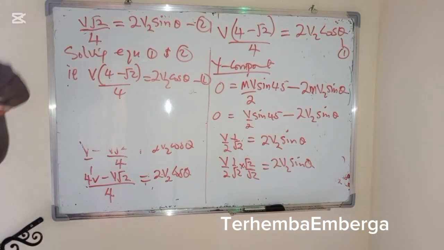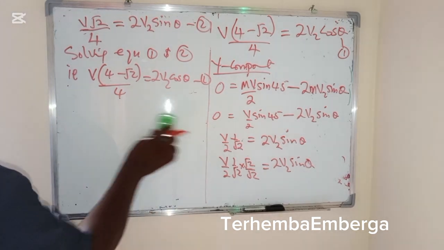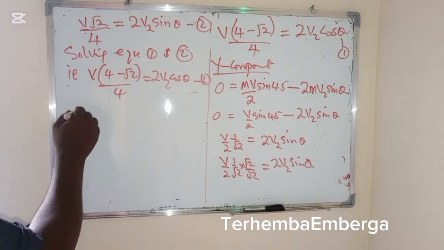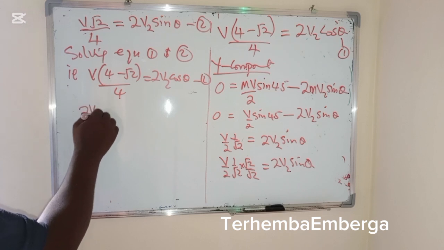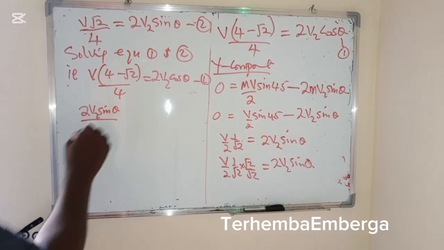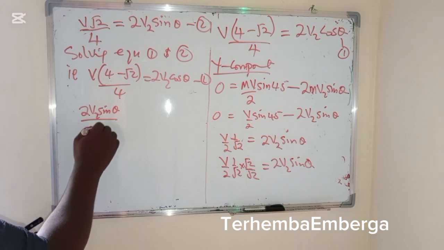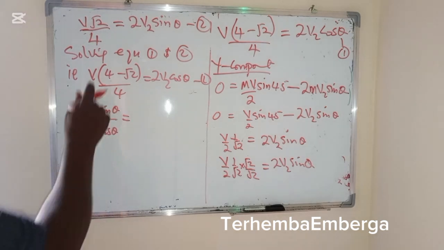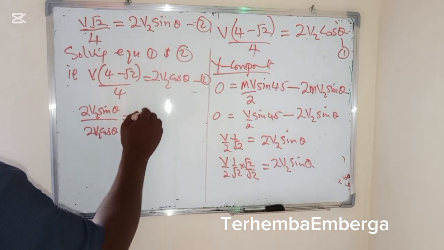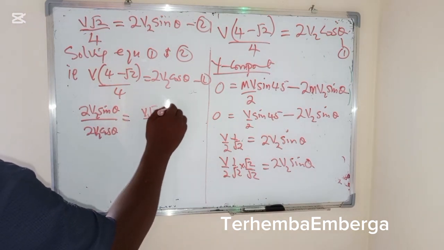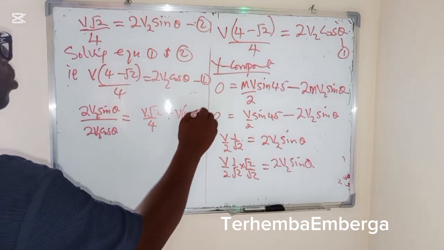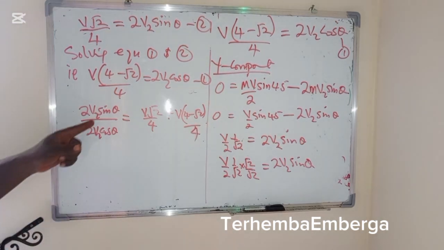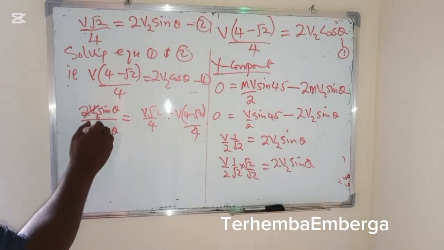If you now divide equation 2 by 1, we now have 2 v2 sine theta divided by 2 v2 cos theta equal to v root 2 over 4 divided by v into 4 minus root 2 all over 4. Remember, when you divide, this will take care of this.